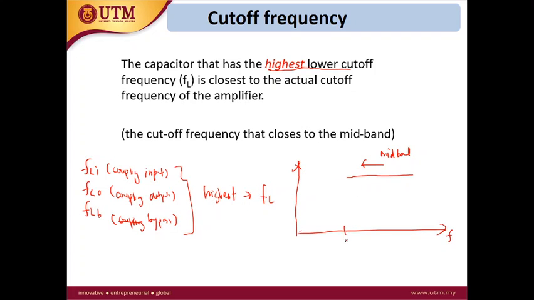So let's say we have here FLB, FLI, and FLO. The one that is closest to the midband is FLB, so it will first affect the gain of the BJT. It will start to decrease or reduce the gain of the BJT. Okay, so this is the actual cutoff frequency.